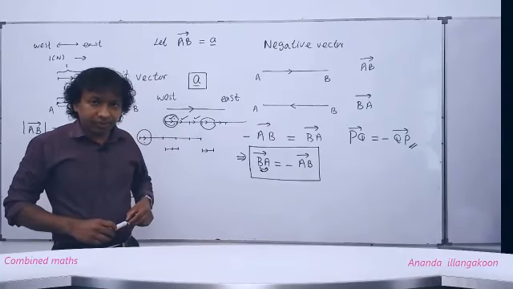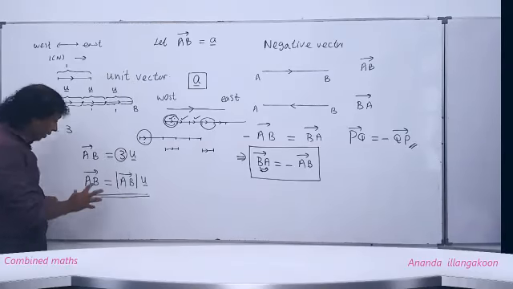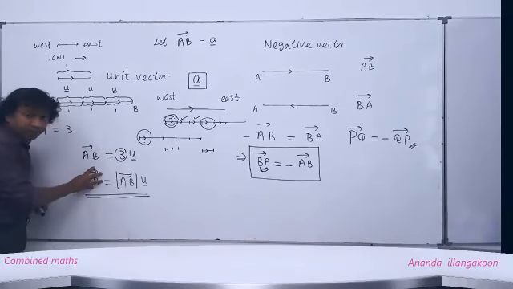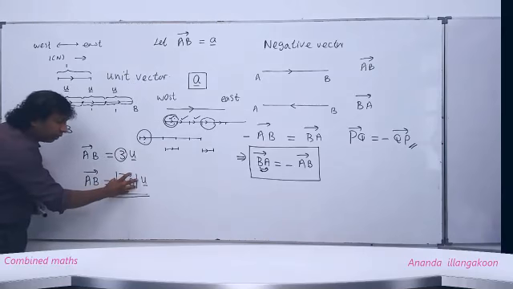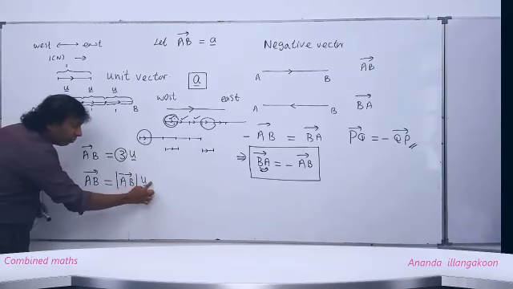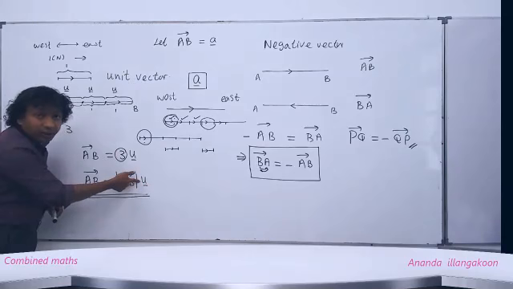Understand, right? Then here, AB vector, you can write as its modulus multiplied by the unit vector along that AB direction.